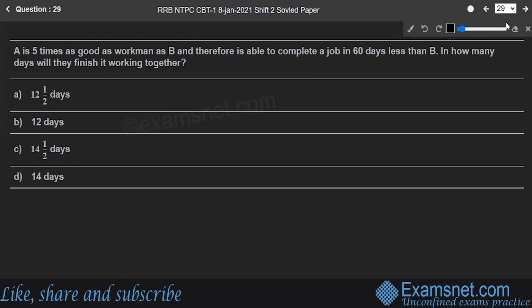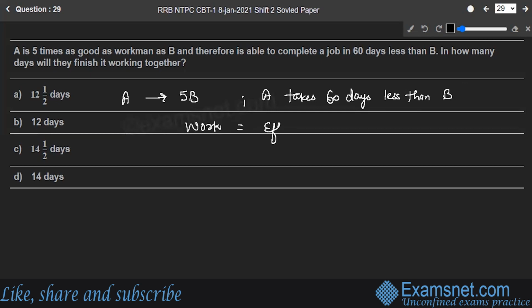So first thing is A is 5 times as good as B, and A completes the job in 60 days less than B. There is a formula, work is equal to efficiency into time. Now, let's move with the solution.